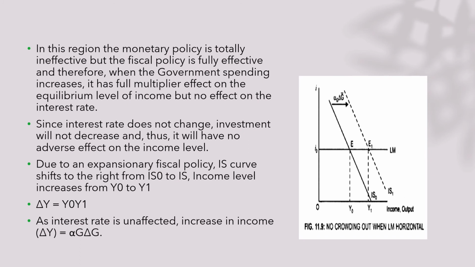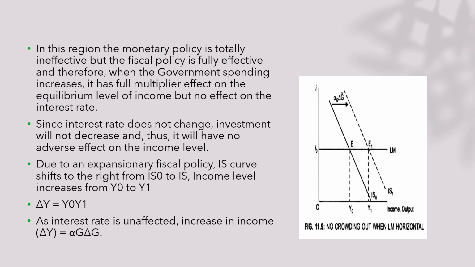Okay, and as a result, in this region monetary policy is totally ineffective, but fiscal policy is fully effective. Therefore, when government spending increases, the full multiplier effect would be there, and the equilibrium level of income would be affected, but there won't be any effect on the interest rate.